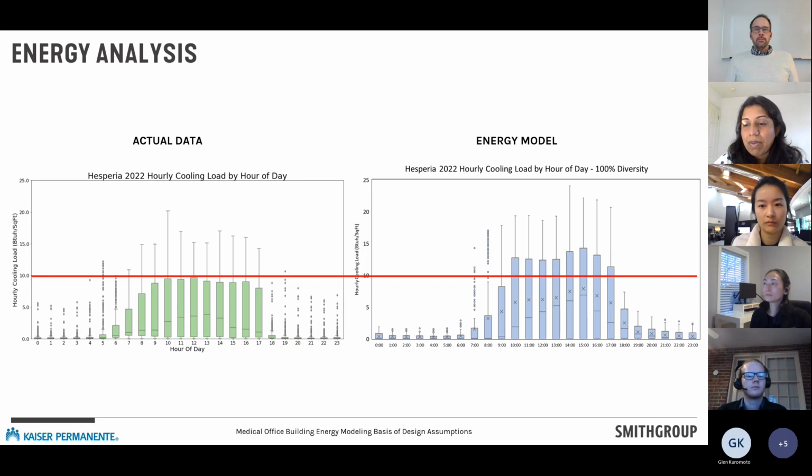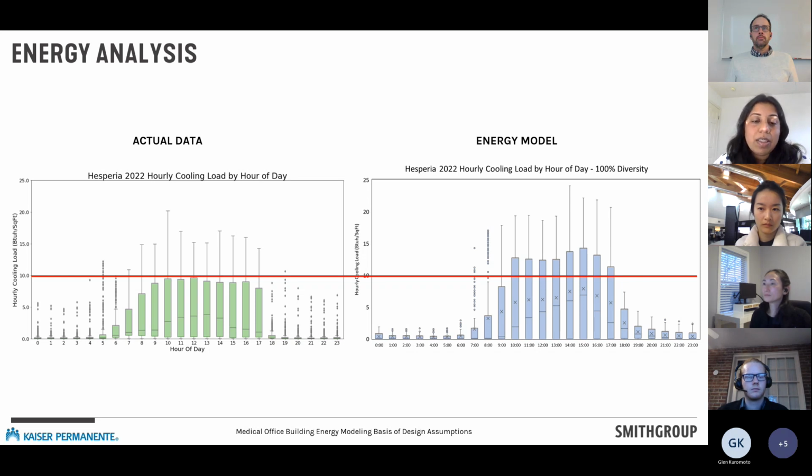We call it 100% diversity, where this is exactly how we modeled using the BOD and all the assumptions we just mentioned previously. You see the red line comparing the peak of the actual data, and that line falls somewhere at the 75th to 80th percentile, I would say, of the model graph, so we have some loads that are higher.